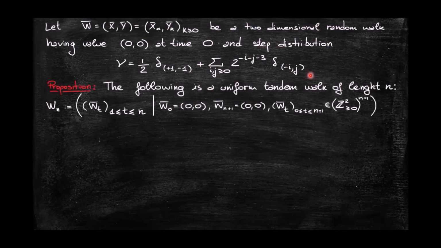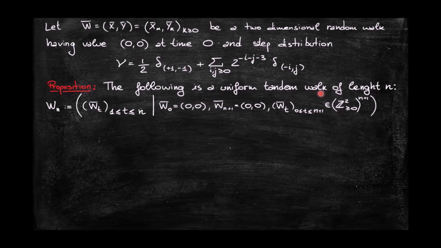The important fact is that once we condition this walk, starting at the origin, to end at time n+1 again at the origin and to stay in the non-negative quadrant, then this walk is a uniform tandem walk of size n.